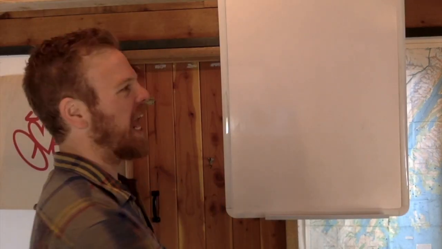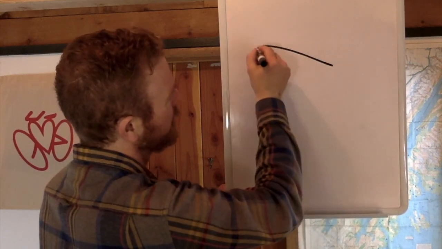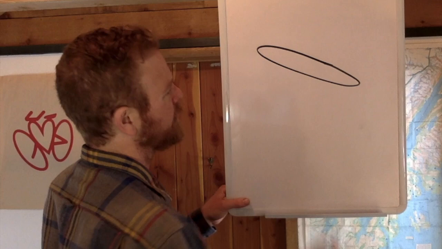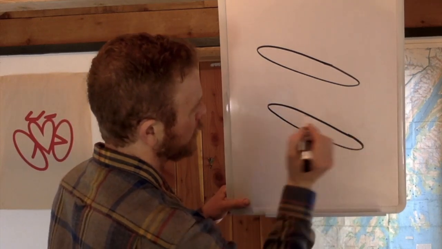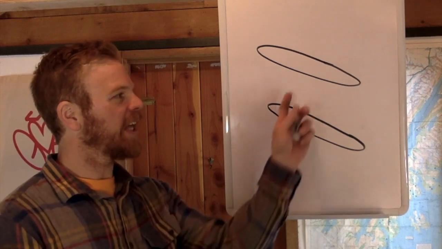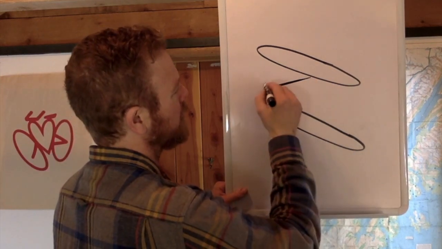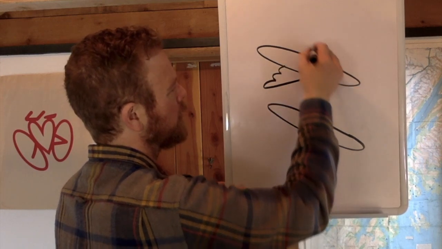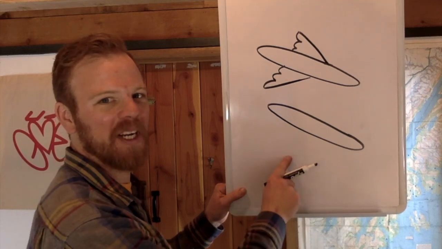Let's draw a bird in an airplane again, this time at an angle pointing downwards. Here's 1. And 2. If the top one is a bird, we could draw the wings. And the bottom one is an airplane.